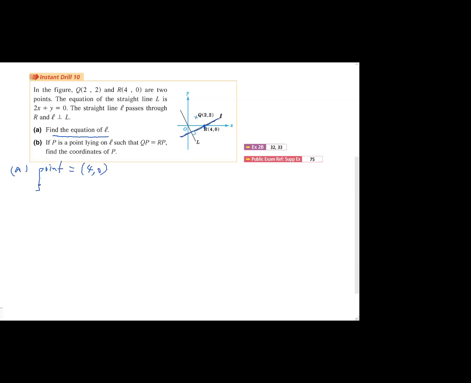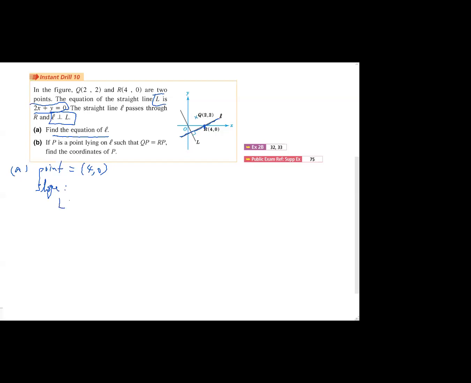And then the slope, we do not have the slope of small l directly, okay? But we know that small l is perpendicular to capital L. So we know that m1 times m2 will be equal to -1. But what is the slope of capital L? It is not given directly, but it is given that equation of L is 2x plus y is equal to 0, okay?